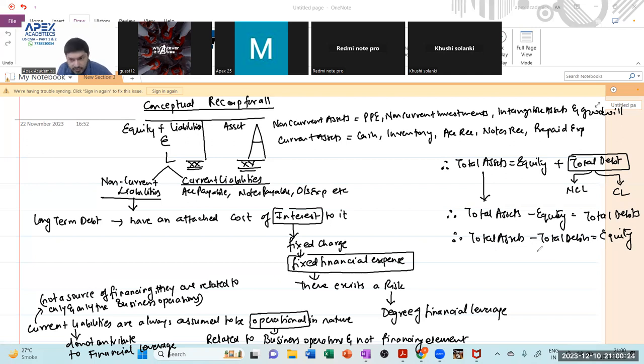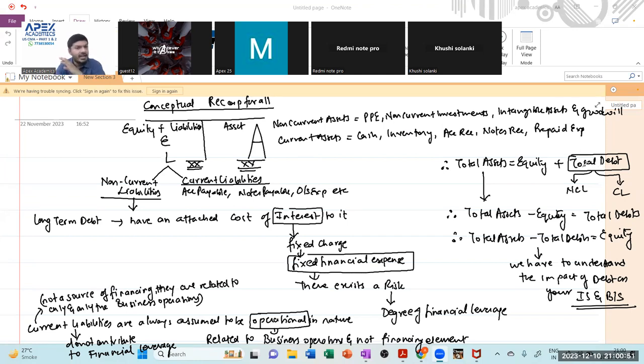We have to understand, in this recap, the impact of debt on your income statement and balance sheet. Total debt will have both non-current and current, as I have indicated in the diagram.